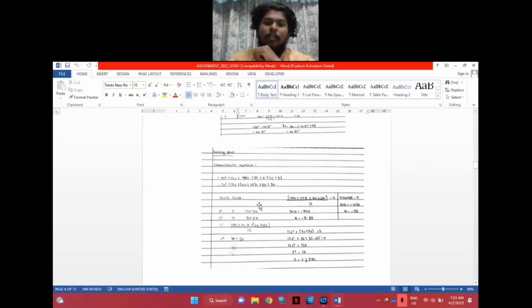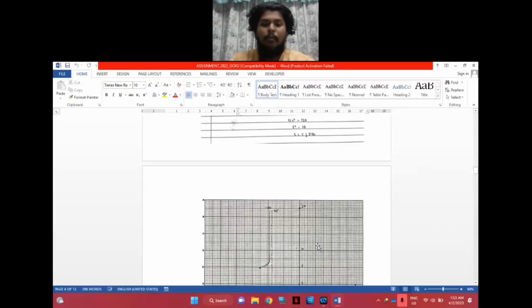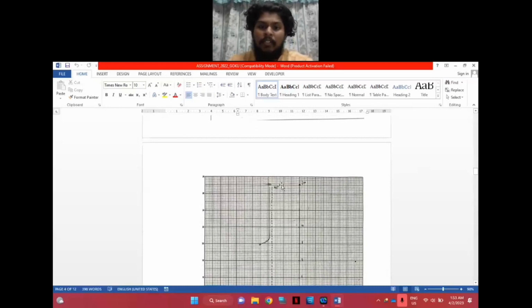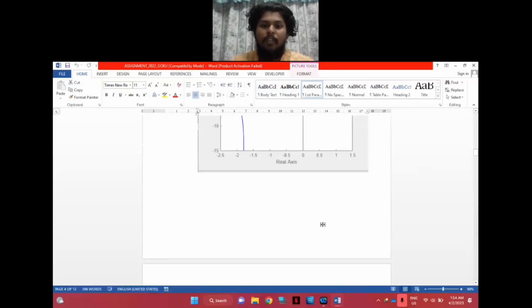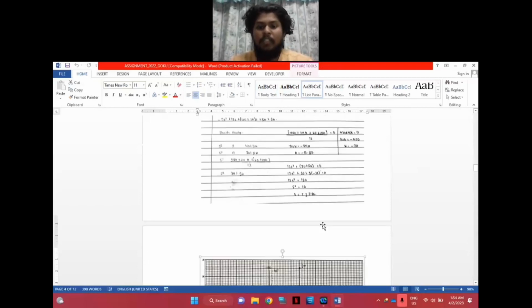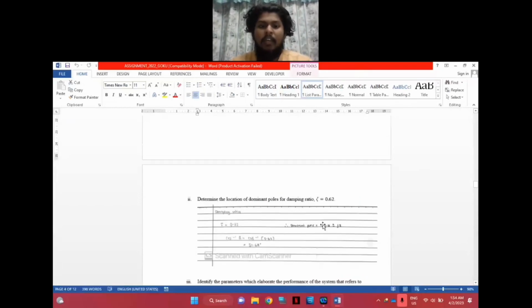We need to do the Routh-Hurwitz table to get the crossing point, where we got plus minus j3.16. This is the root locus that we have designed on graph paper using the data from the calculations.